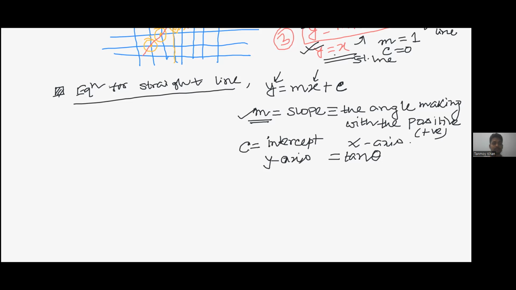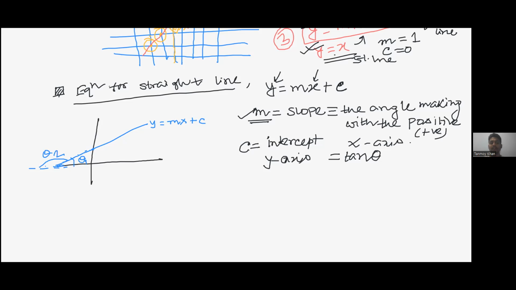So let's give one example. Let's say this is one line which follows y equals mx plus c. If you extrapolate this, obviously it will cut the x-axis here. You call this angle theta 1, and you call this one theta 2.